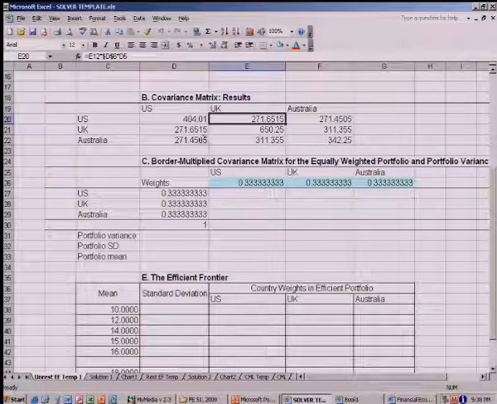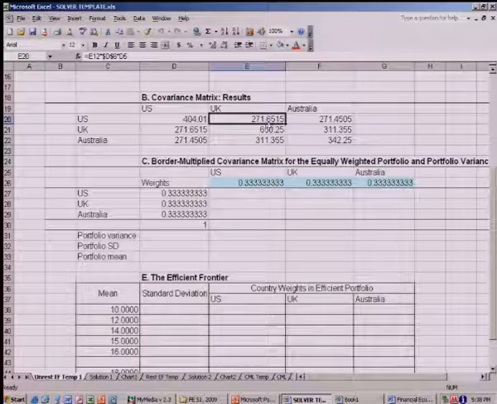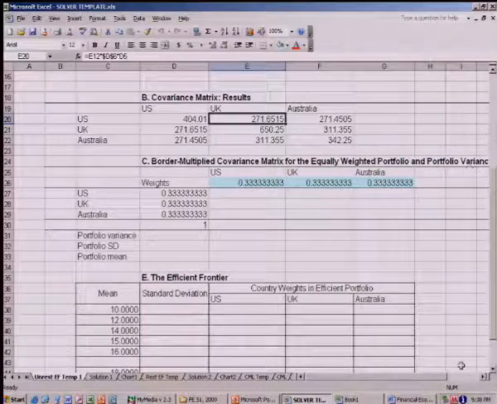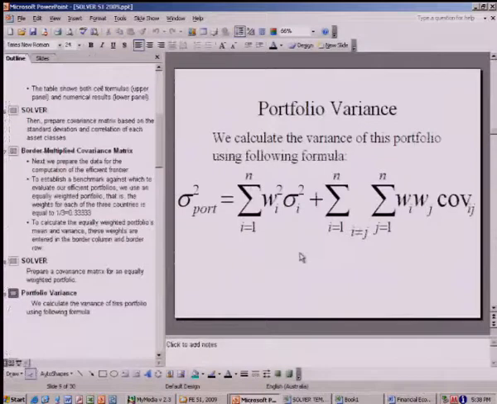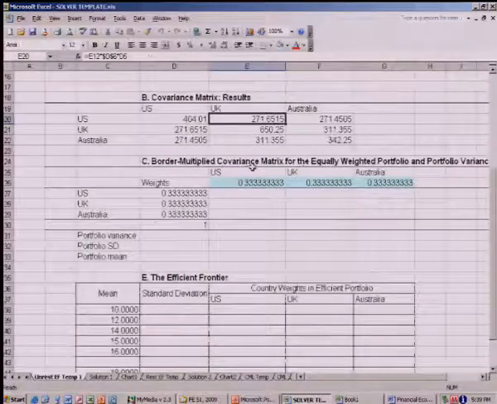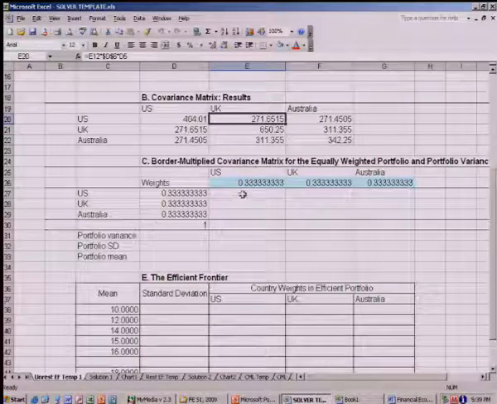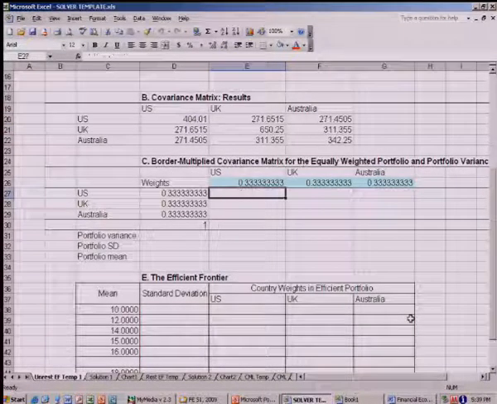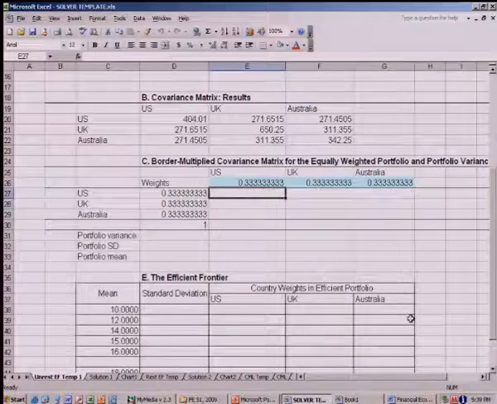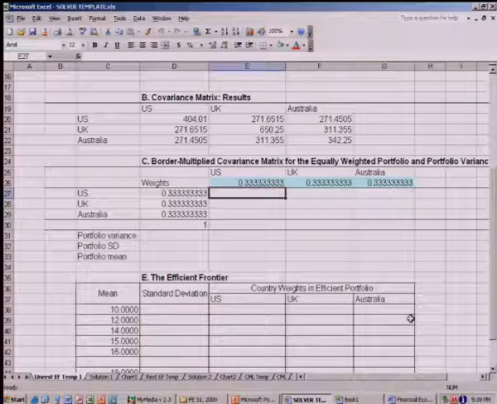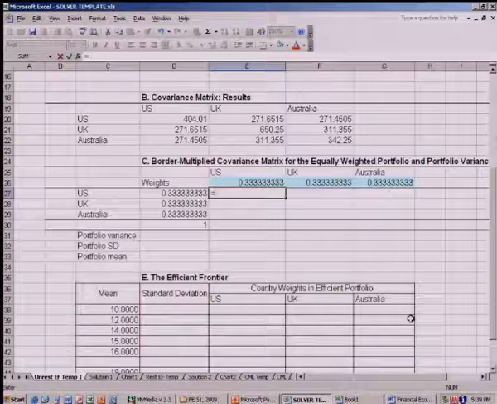So I'm going to use the covariance matrix and multiply each of these elements by appropriate weights, ultimately to get the different elements in the portfolio variance formula, and then I will find the sum of all of that matrix to give me one figure which represents the portfolio variance. So that's the purpose of doing this border multiply covariance matrix. So the first thing that you will have to do, once you have entered the weights in the border column and border row, is click on enter.